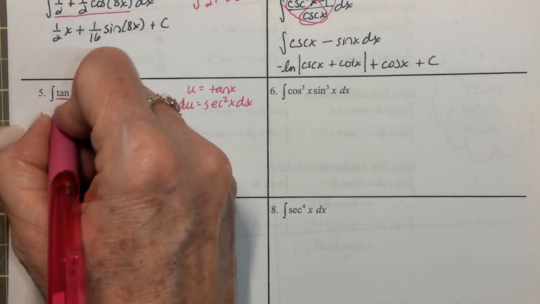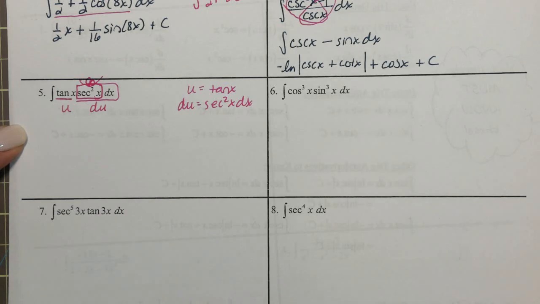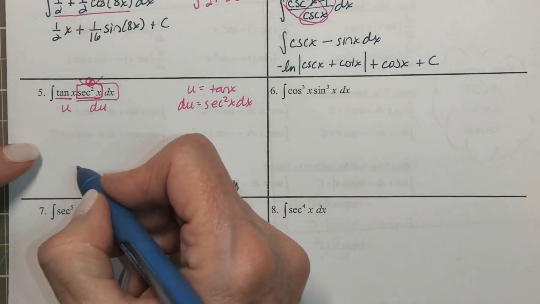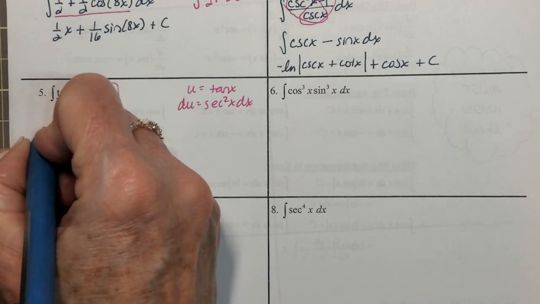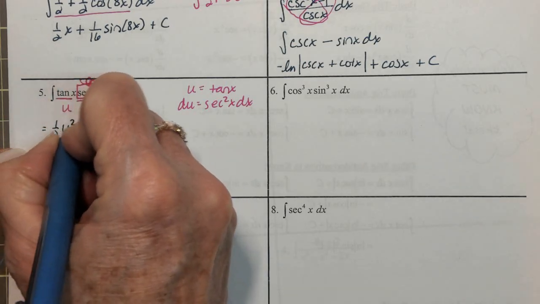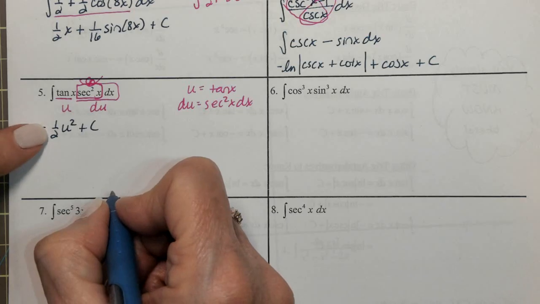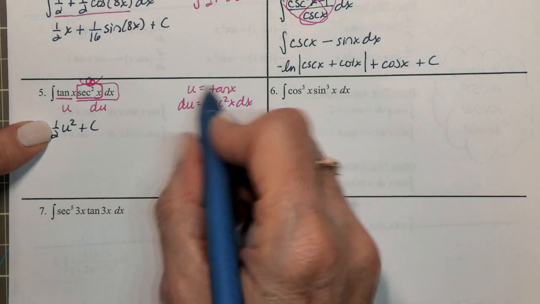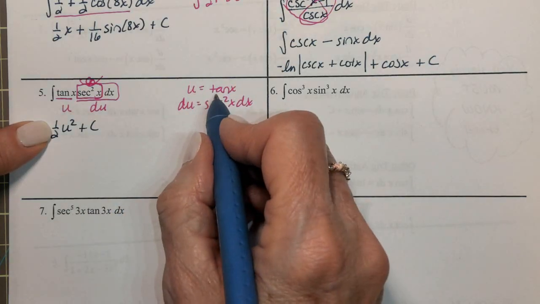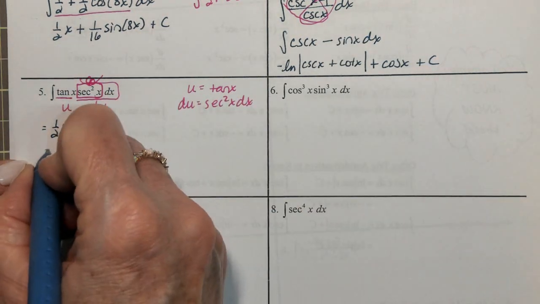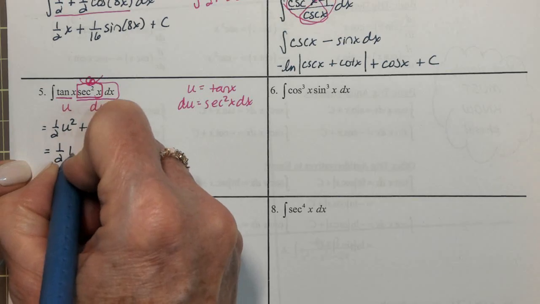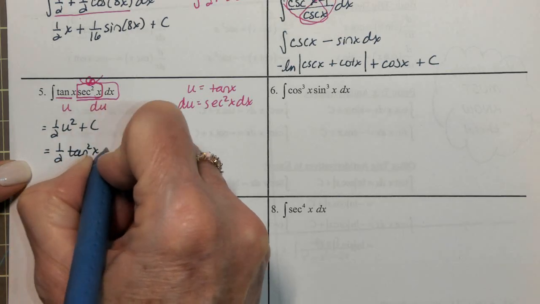That's du and that's u. I really don't even have to bother rewriting this integral. It would be integral u du. So that is 1/2 u squared plus c. That would be a safe stop as long as you have said what u is. If you didn't say what u is, then you just go back to tangent at the end. So 1/2 tangent squared x plus c.